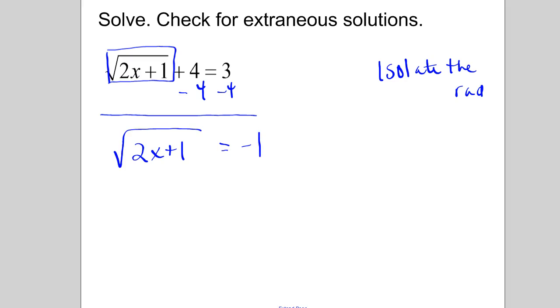Okay? I know what you guys are thinking right now. I hope you're thinking this is no solution. And it's true. This is a no solution case. I cannot take the square root of a number and get a negative number. So right away, we can say no solution here. Okay, why?